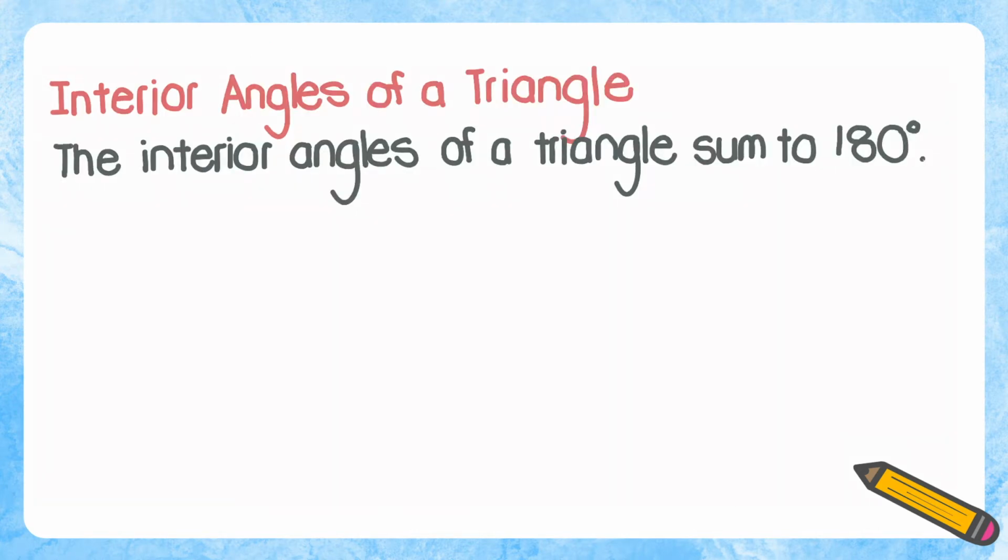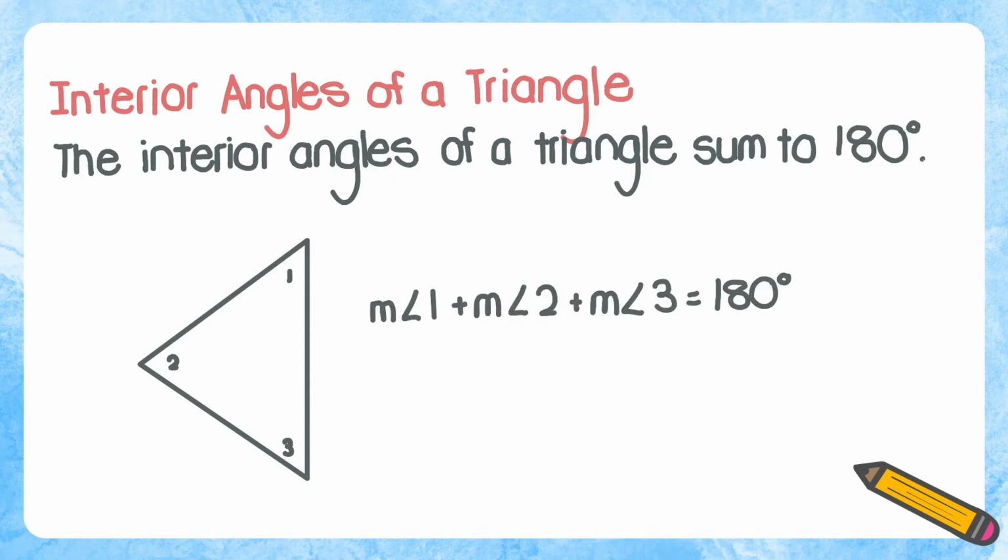And for triangles, the interior angles sum to 180 degrees. Here I have a triangle with 3 angles, angles 1, 2, and 3. The 3 angle measures sum to 180 degrees.